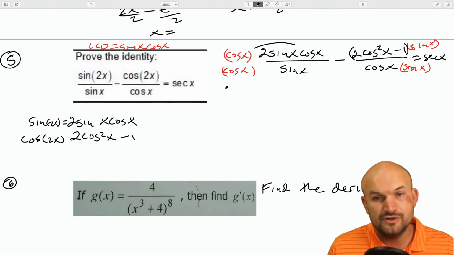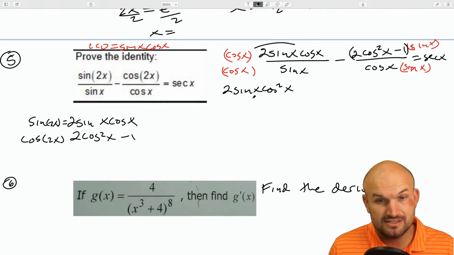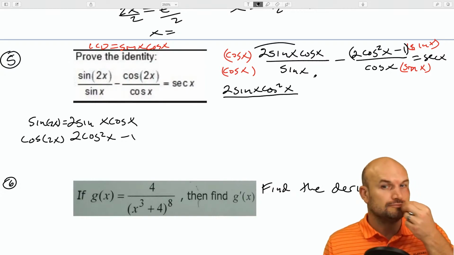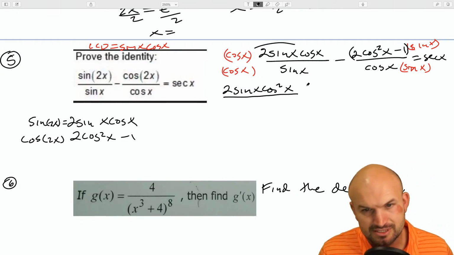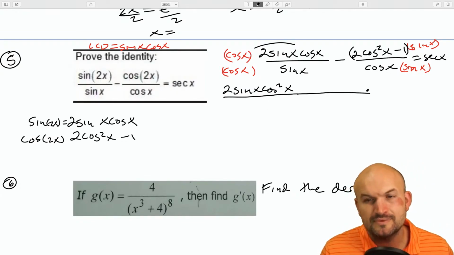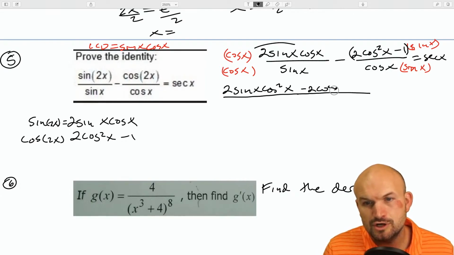So when you do that, you're going to get a 2 sine of x cosine squared of x. And then this is going to be a minus. Actually, let's just put them all in the same fraction, because they're all going to have the same denominator. So now we can do a minus 2 cosine squared of x sine of x.